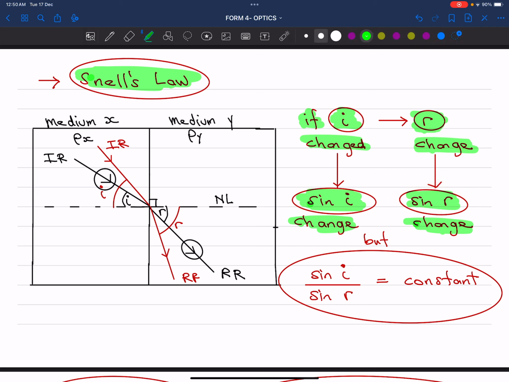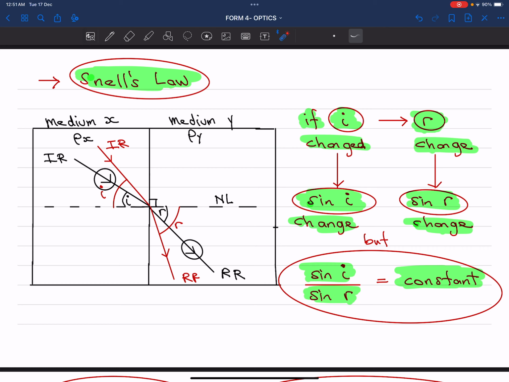But if I take the sine I and divide by the sine R, I'll always get the same number, a constant. So if I have sine I1 divided by sine R1, I'm going to get a number.